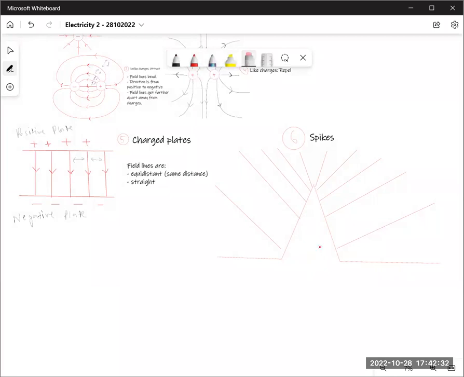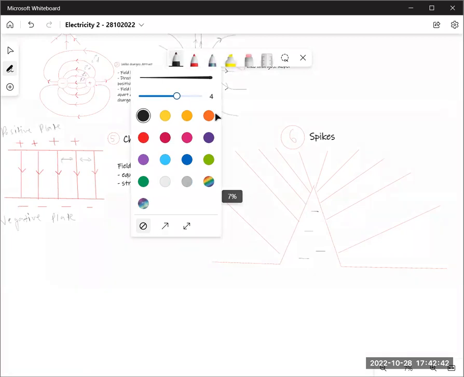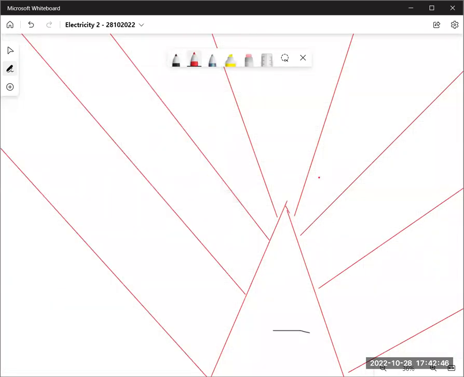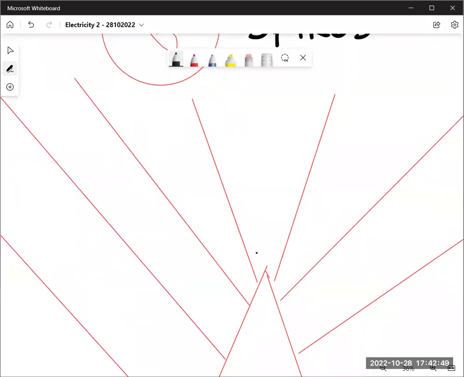Instead of making it positive, let's make it negative. And what we realize is, because this spike is so sharp, electrons fly away from here.